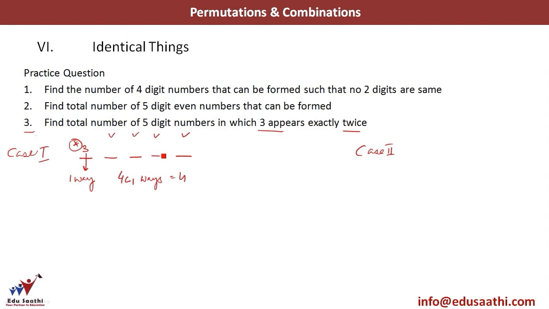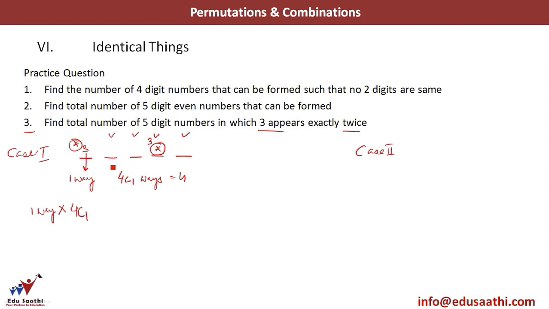So let's say that I have chosen this space, and this space has already been booked now with another 3. Okay, so till now I have chosen the first place in one way and have chosen another place in 4C1 ways. Now I have 3 spaces left.